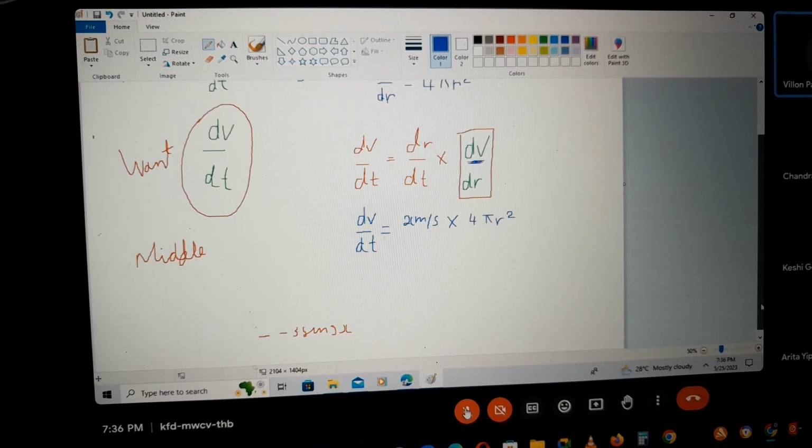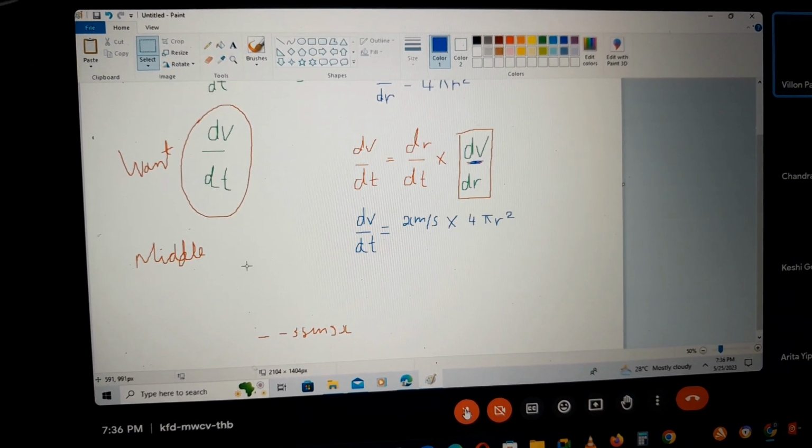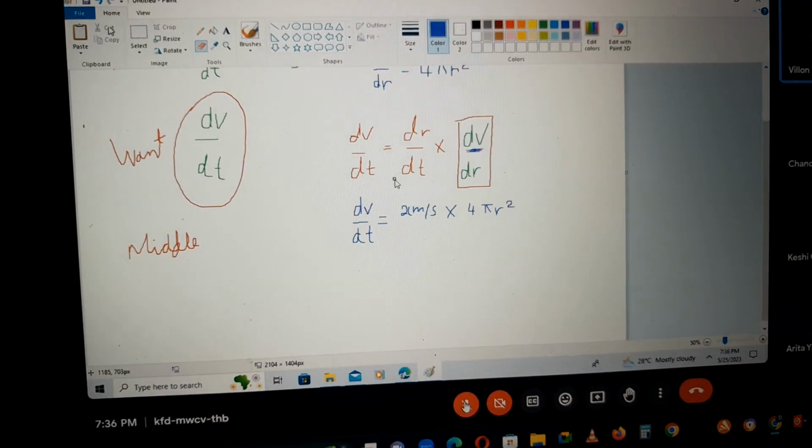Can we simplify this? I'll take out the units here for now.